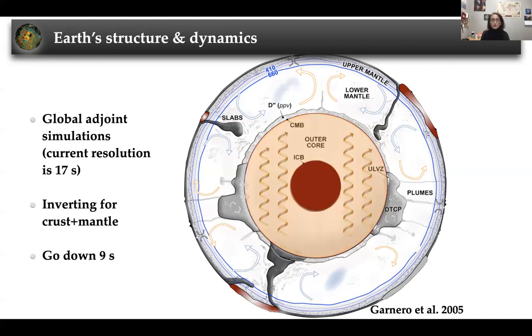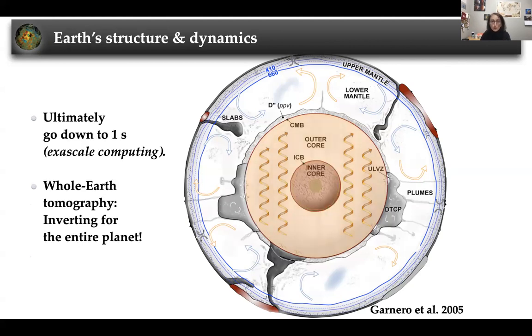But of course, our ultimate goal is to also investigate and image the Earth's outer core, which we just started exploring how we can do by going down to 9 seconds in our simulations. And of course, the ultimate goal is to go down to 1 second in numerical simulations to image the inner core, basically performing a whole Earth tomography.